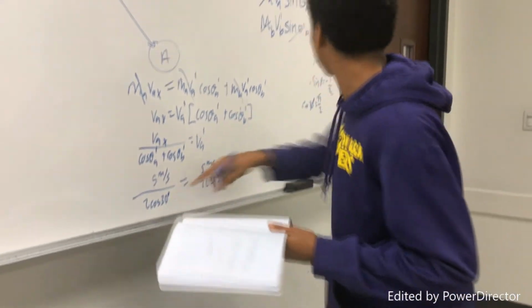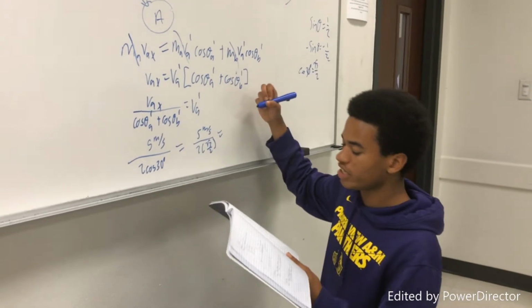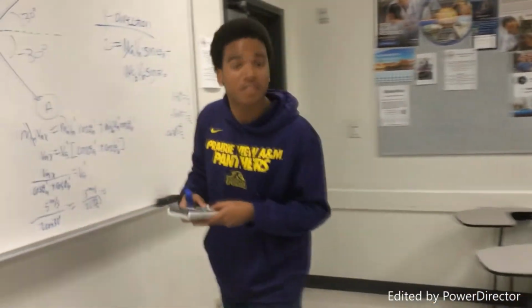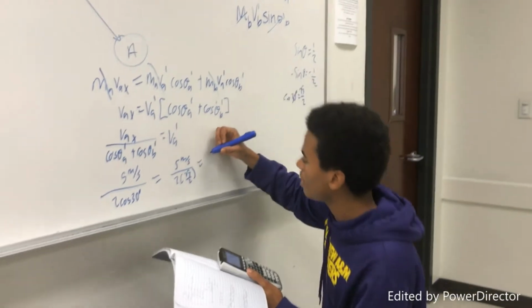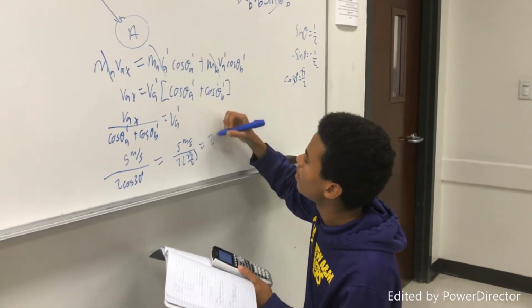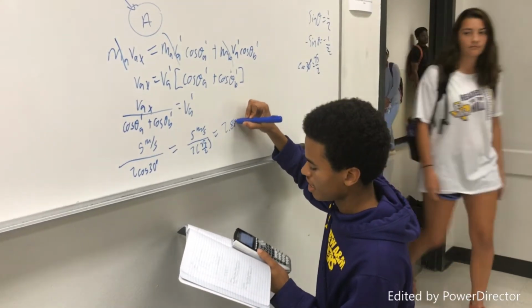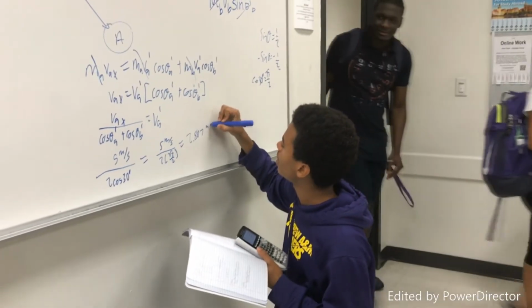Since, as we discussed, cosine of 30 degrees is square root of 3 over 2, this is 5 over the square root of 3. Computing this, VA prime equals 2.887 meters per second.